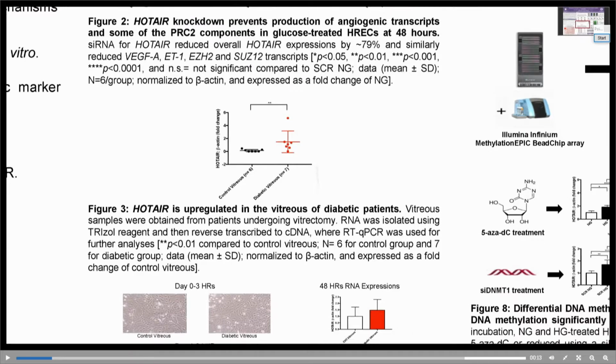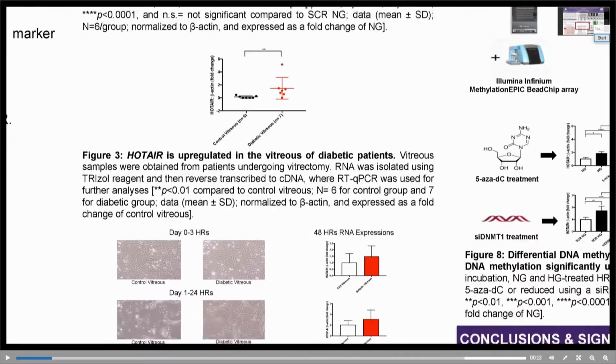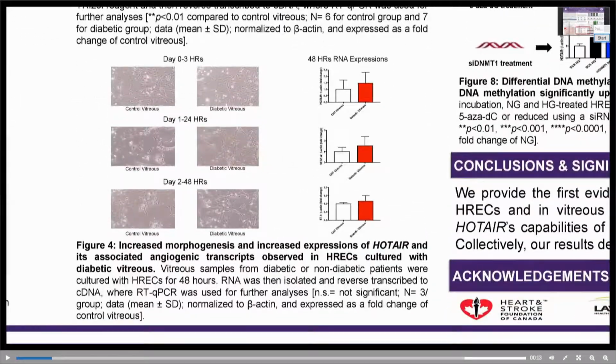For figure 3, we acquired vitreous humor samples from non-diabetic and diabetic patients undergoing vitrectomy. We found that the diabetic vitreous had an increased expression of HOTAIR.